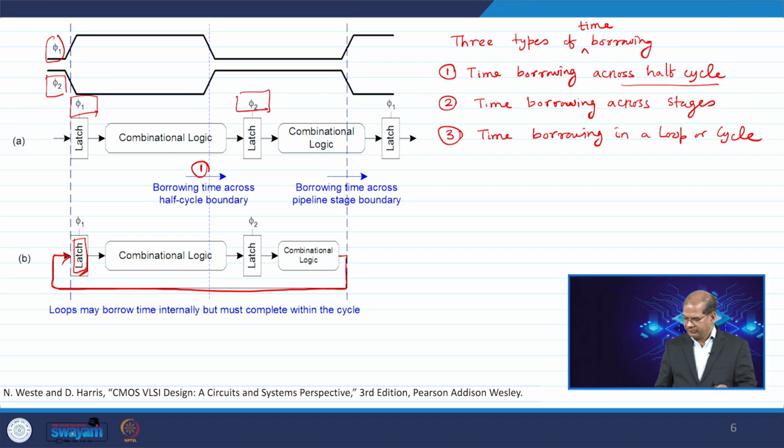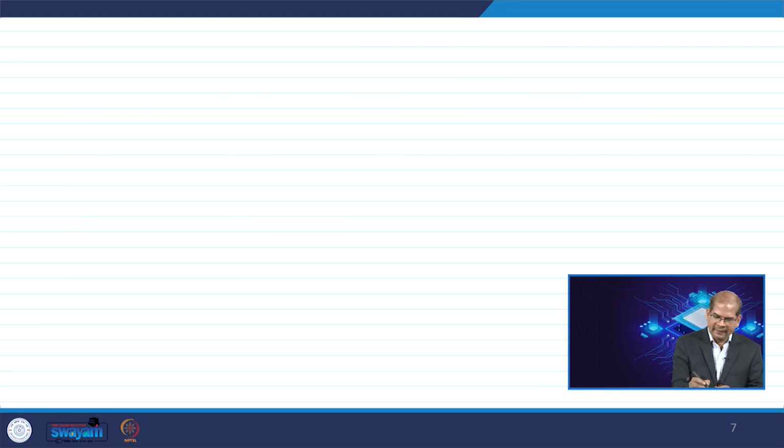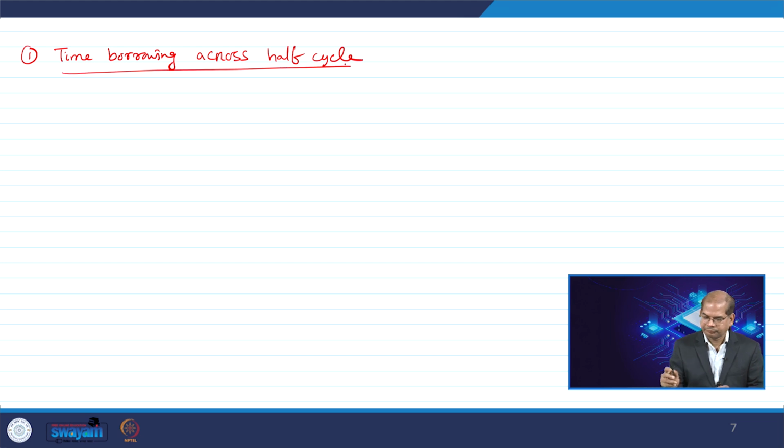So, let us start with time borrowing across half cycle. Now we are discussing time borrowing across half cycle. Okay. Let us draw the circuit first, then we will do the timing diagram.